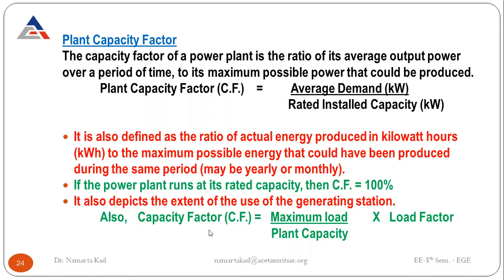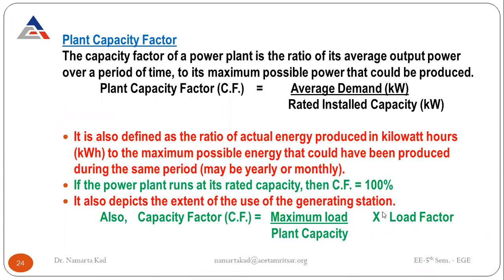And there is one more formula for the capacity factor: it is the maximum load, or you can also say peak load, divided by plant capacity, multiplied by the load factor.